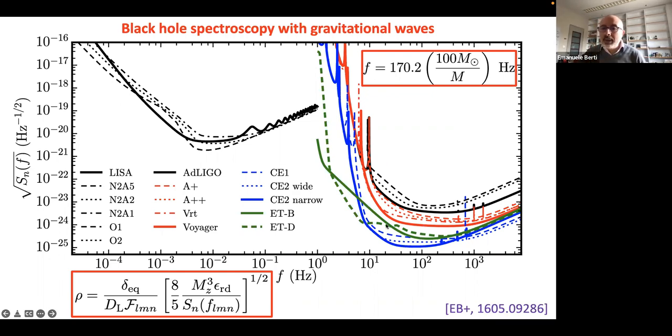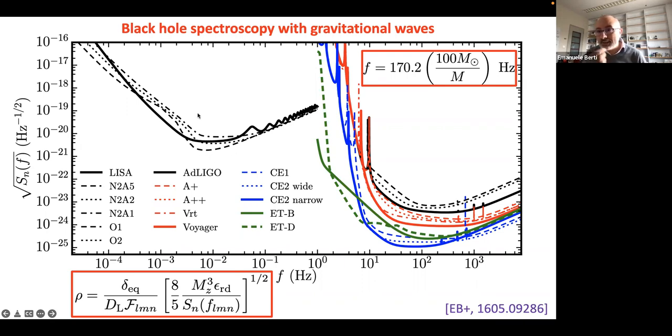And we're going to do even better with future facilities like Cosmic Explorer and the Einstein Telescope. The LISA noise curve that you see over here may look much worse at the beginning until you realize that the signal to noise in the ringdown scales with a power of M to the 3/2. So if you go down by 4 orders of magnitude in frequency, correspondingly, you go up by about 6 orders of magnitude in the mass scaling.